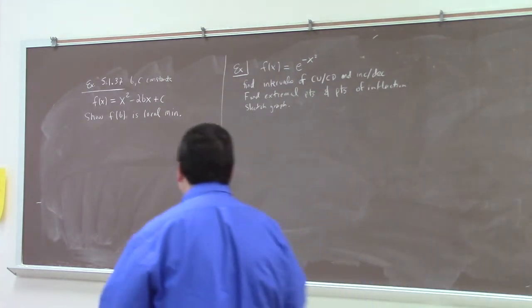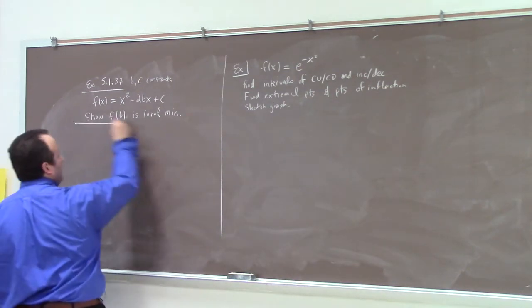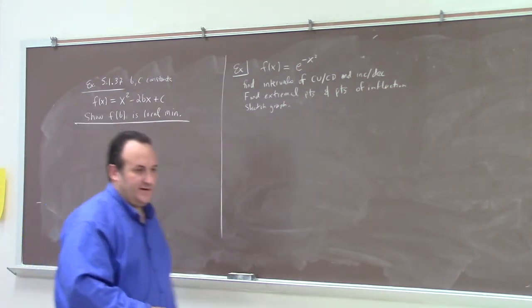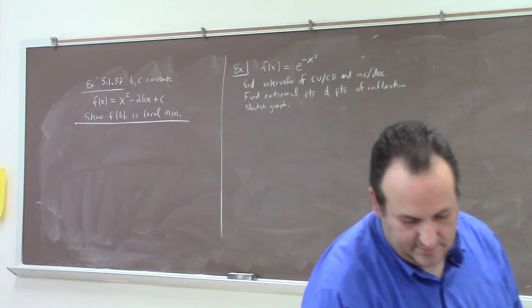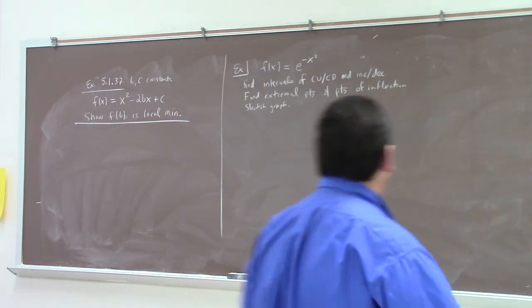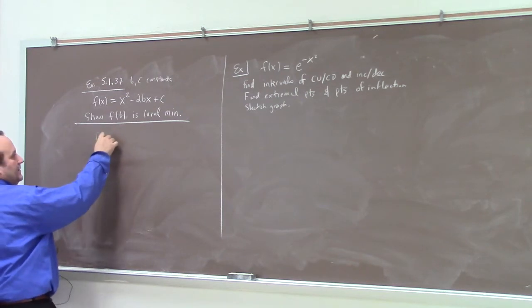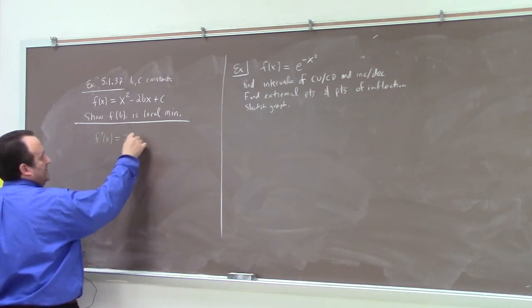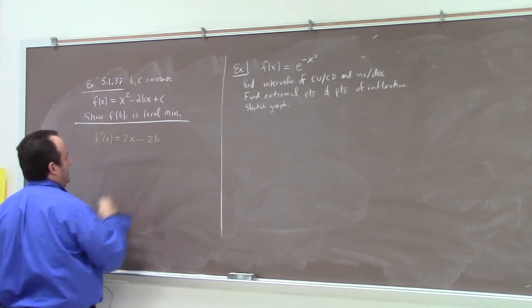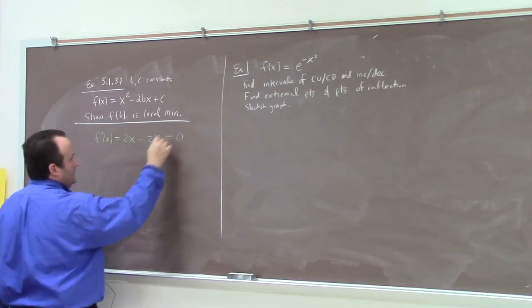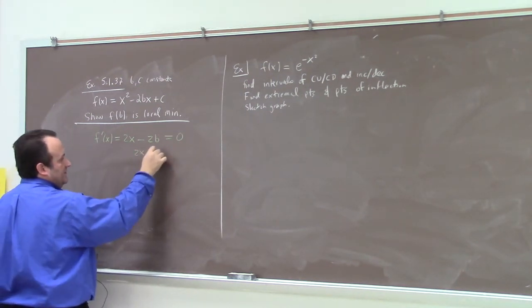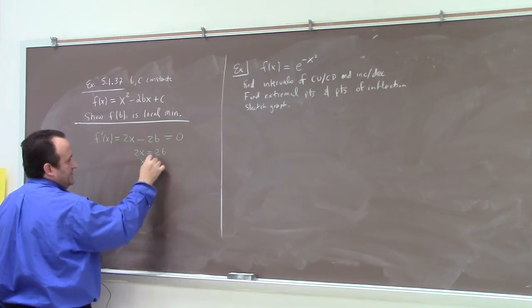Okay, so the first one. Oh, I could use green. That's what I could do. All right, so the first one, f prime of x is 2x minus 2b, right? Set that equal to 0, we get 2x equals 2b, so x equals b.